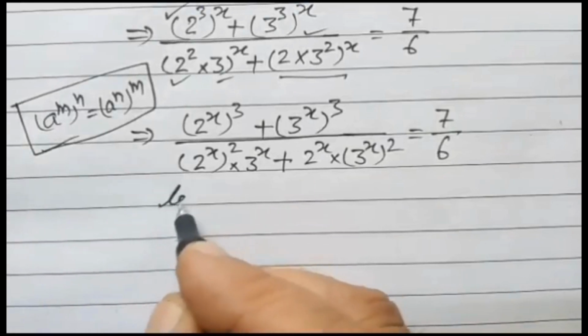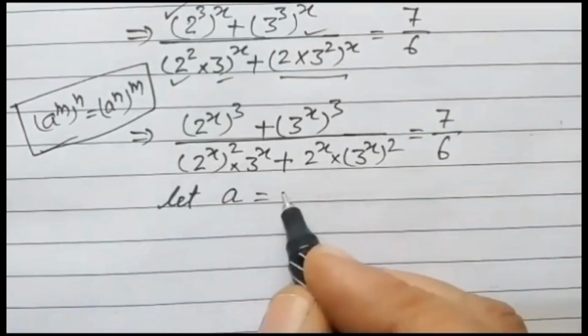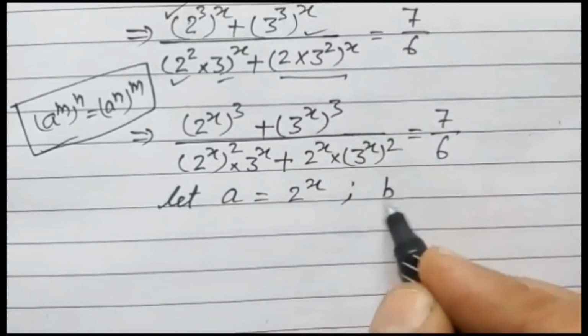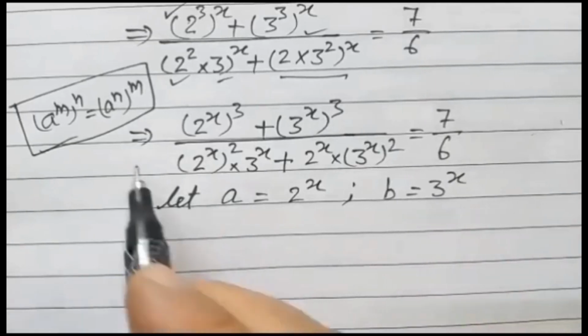Now let a equal 2^x and b equal 3^x, right?